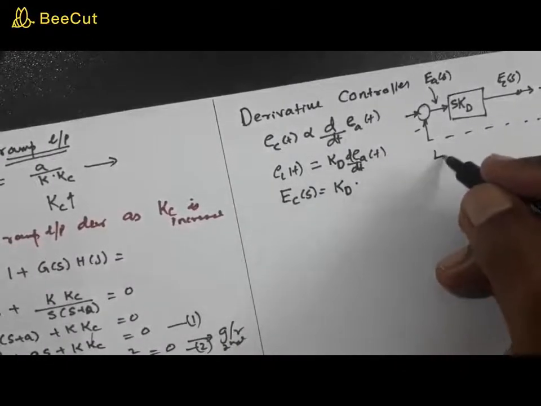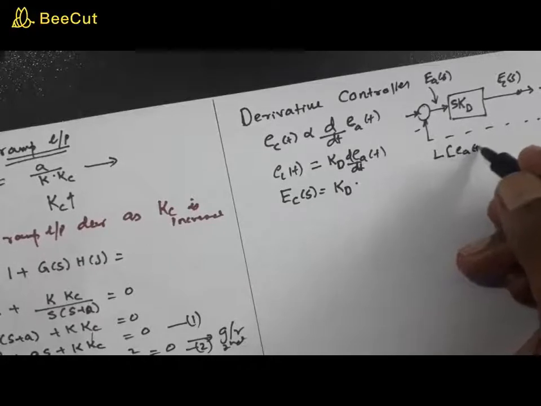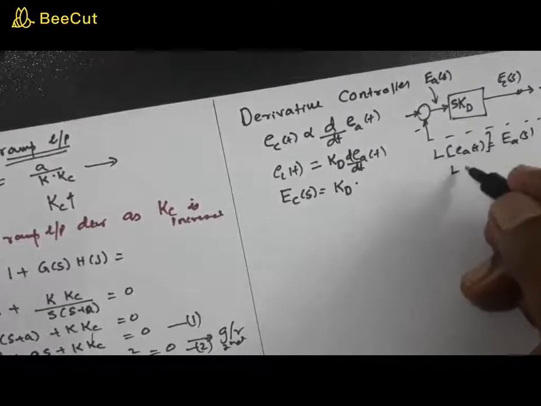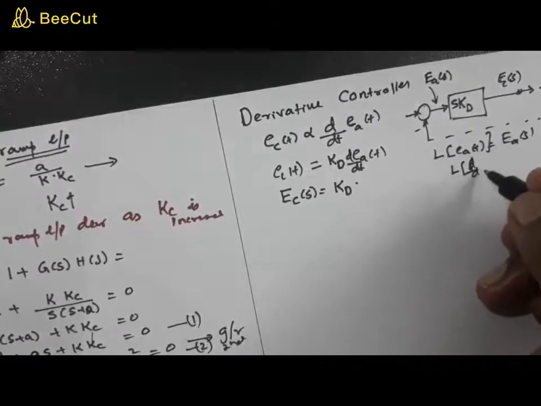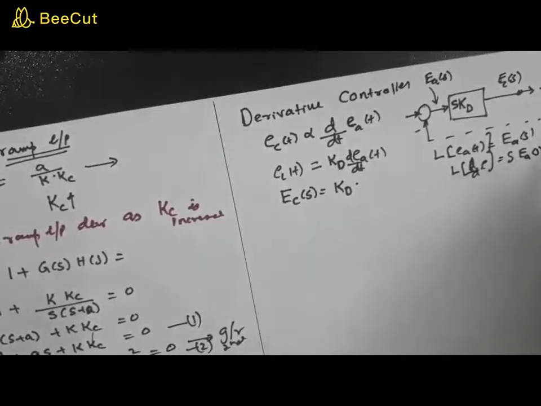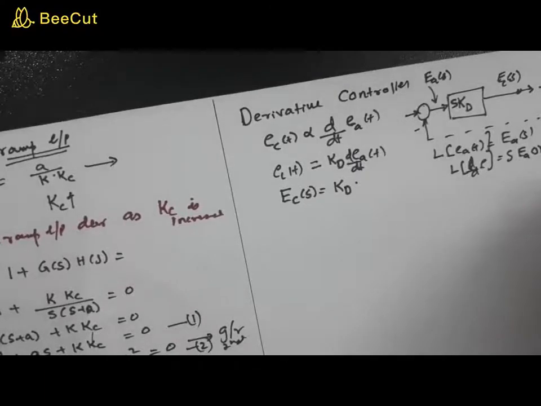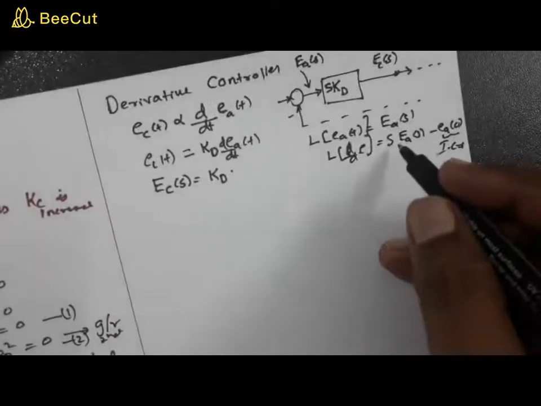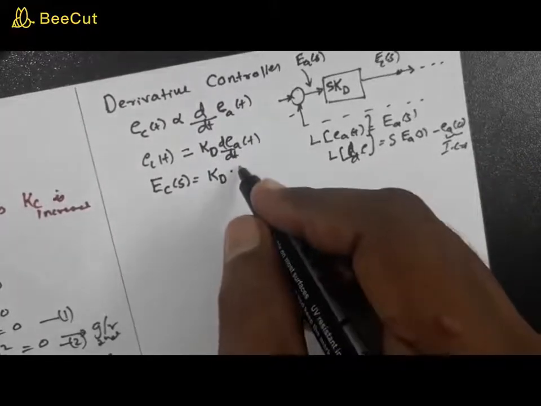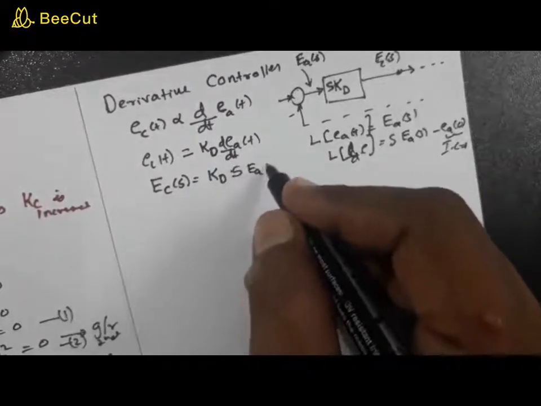If you assume the Laplace transform of Ea of t as Ea of s, the Laplace transform of the derivative d by dt of Ea of t will be s into Ea of s minus Ea of 0. But here we assume the system to be a relaxed system, so the initial condition is equal to 0. That means the Laplace transform of this is s into Ea of s.